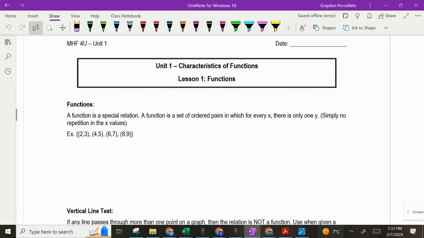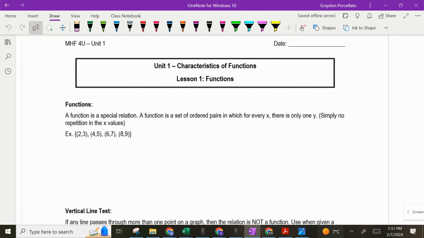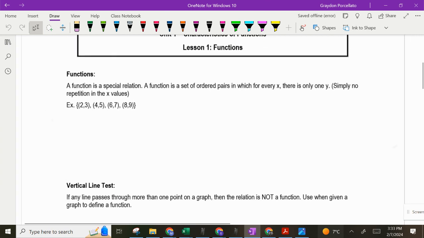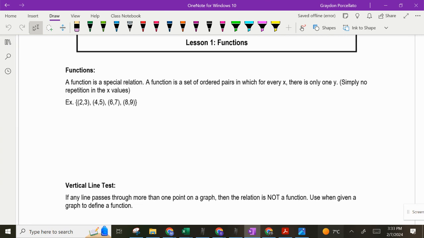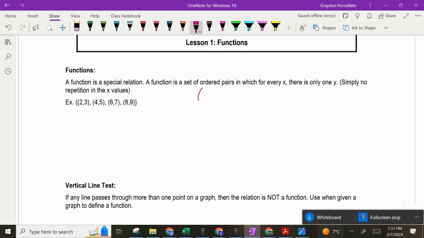Okay, here we go. So, functions. What is a function? Okay. So the idea here is a function is a special relation. It's a relationship. A function is a set of ordered pairs. Now, when we say ordered pairs, maybe you're wondering what that means, but if not, that's fantastic that you know. Ordered pair is referring to coordinates. These are in order, coordinates are in order.